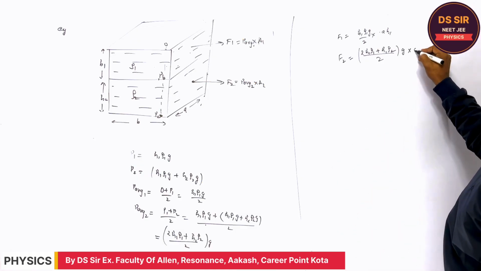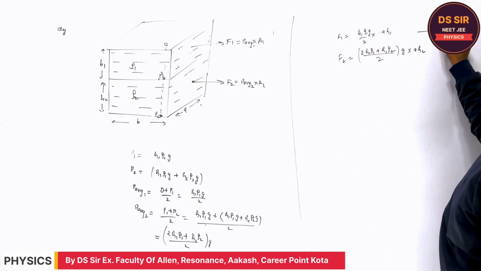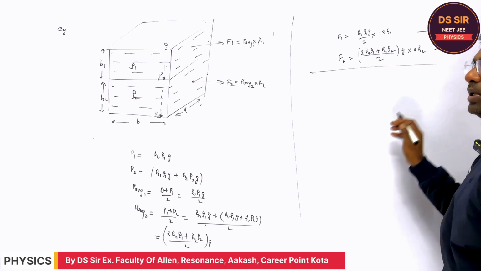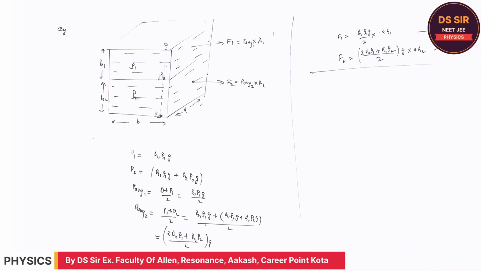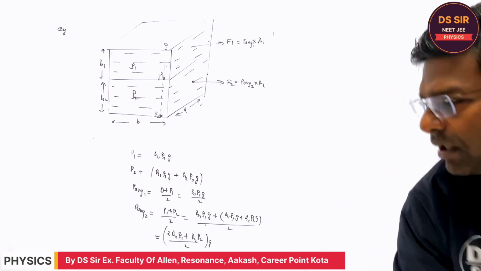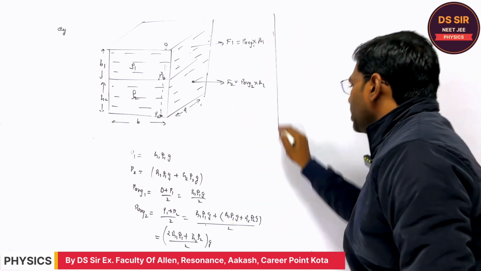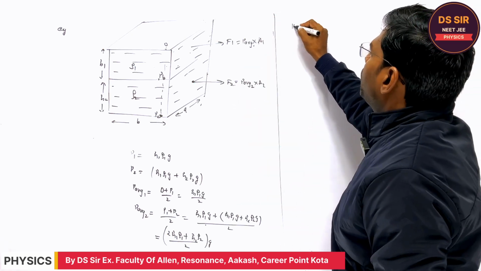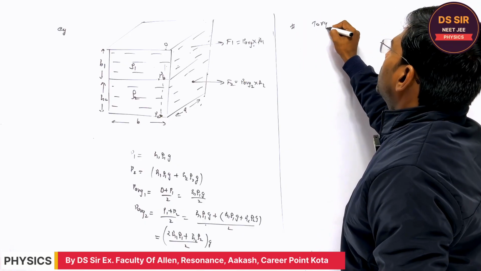A into H2. Now you can copy. It is correct, right? So if two or more liquids are filled in the vessel, the net force you can find, right? So now in the next topic, we can also find the torque, right?